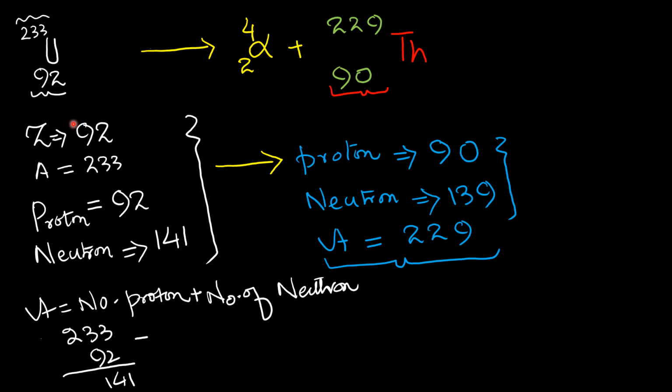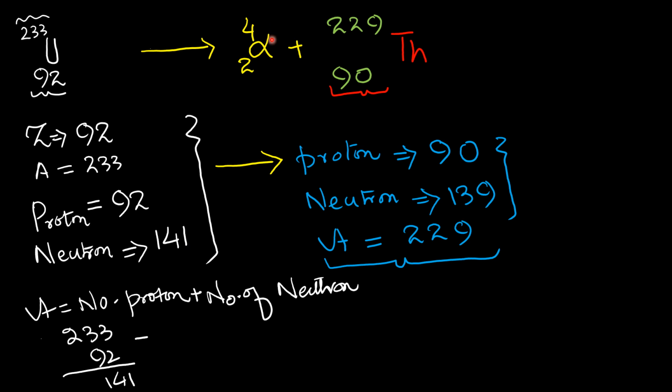The number of protons on the left side of the equation is 92, whereas on the right, the alpha particle has two protons and thorium has 90 protons, so the total number of protons becomes 92. So the protons on the left are equal to the protons on the right. Similarly, the number of neutrons on the left side is 141.